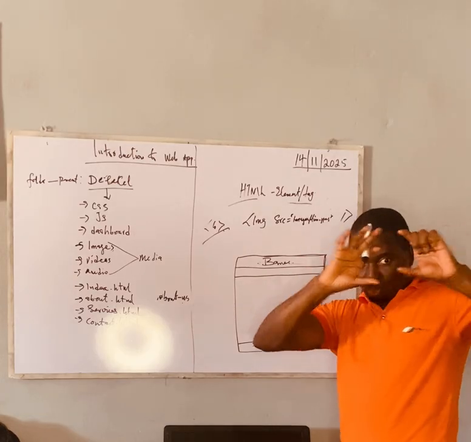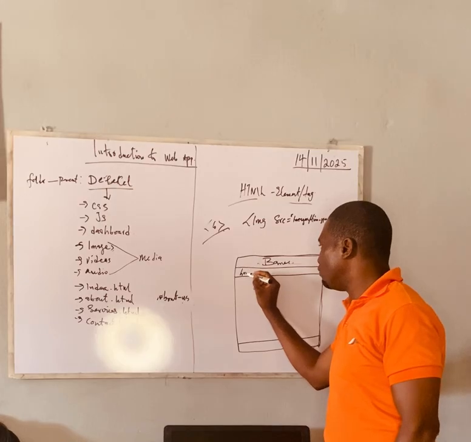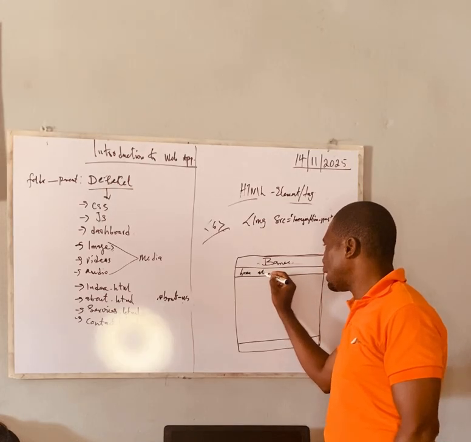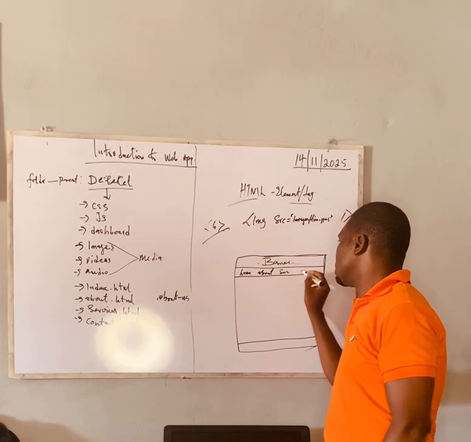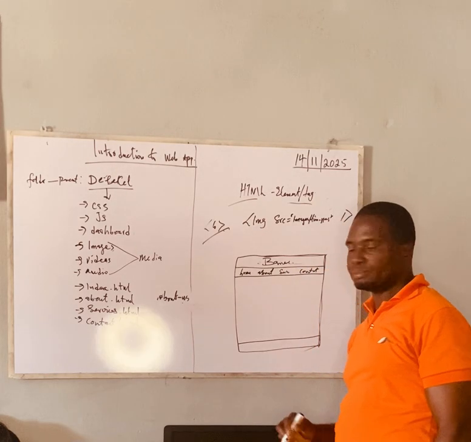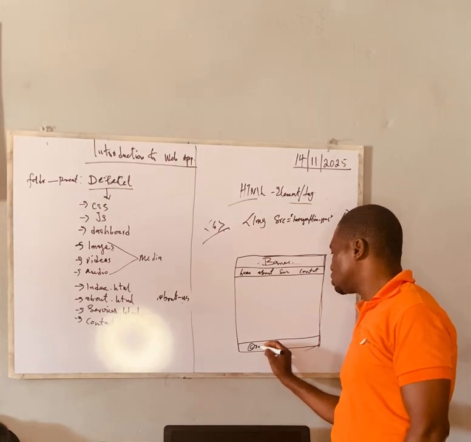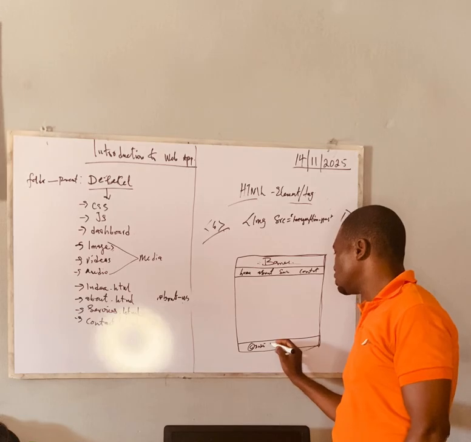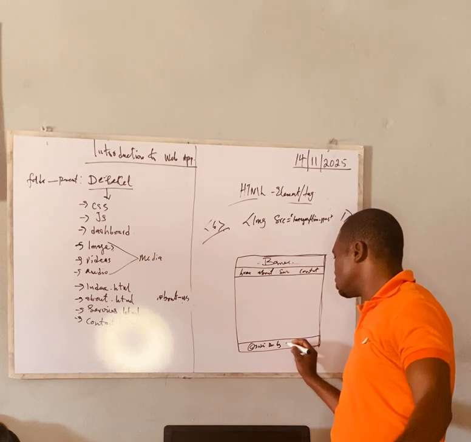Just find one picture and use it as the banner. Then here you have your name, you have your home, about, services, then you have your contacts. Are we together? Then here you have your copyright, 2025, designed by, what is your name again?